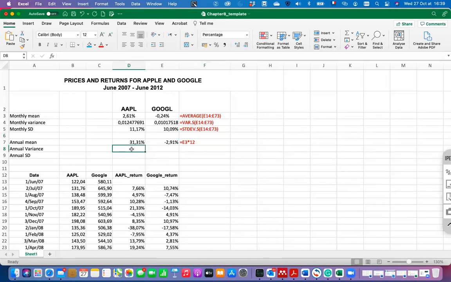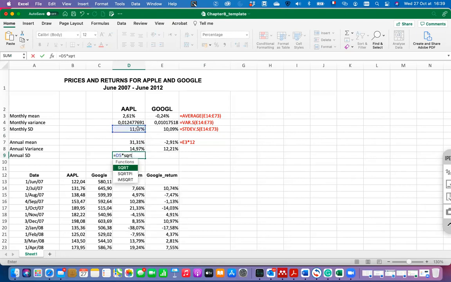So for the variance, it is equal to the monthly variance times 12. Then the standard deviation is equal to the monthly standard deviation times the square root of 12, not 12, the square root of 12.